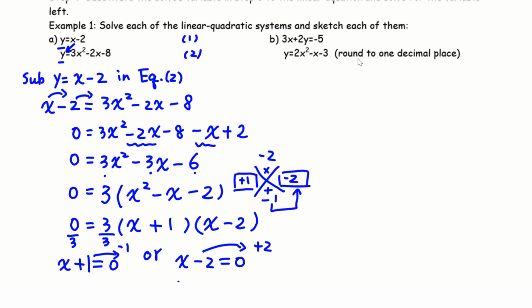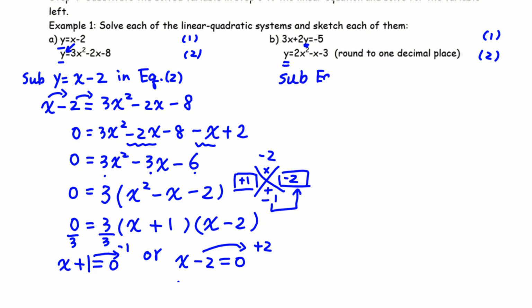And we are going to do another one. Here y is isolated in equation 2, so we are going to sub equation 2 into equation 1. Then we are able to get rid of the variable y.